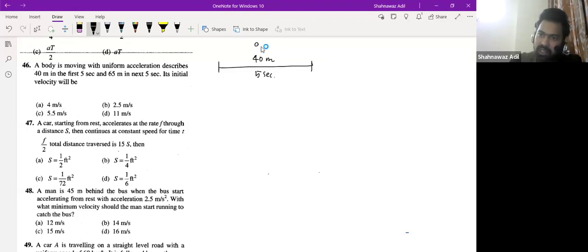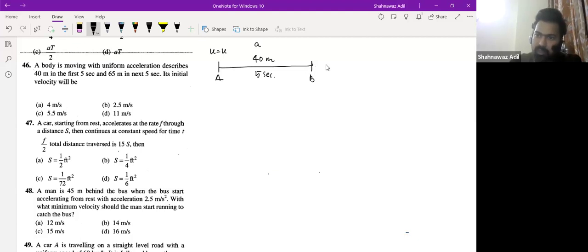Acceleration is, let's say, A, and the initial velocity is not given, so let's assume it U. Acceleration is unknown, distance we know, time we know. So this is the first part from A to B.